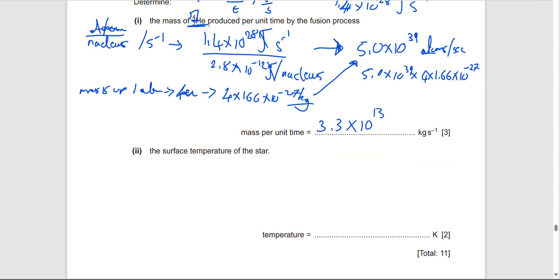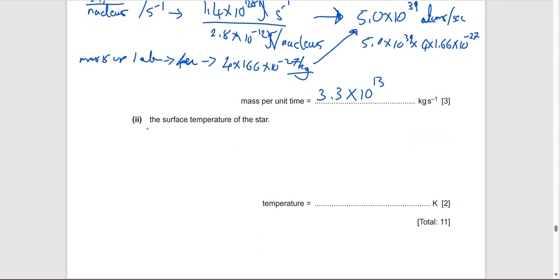And then the surface temperature. We employ the Stefan-Boltzmann law. We have the formula, L = 4πr²σT⁴. Then we rearrange for T, which is the fourth root of the luminosity over 4πr²σ.